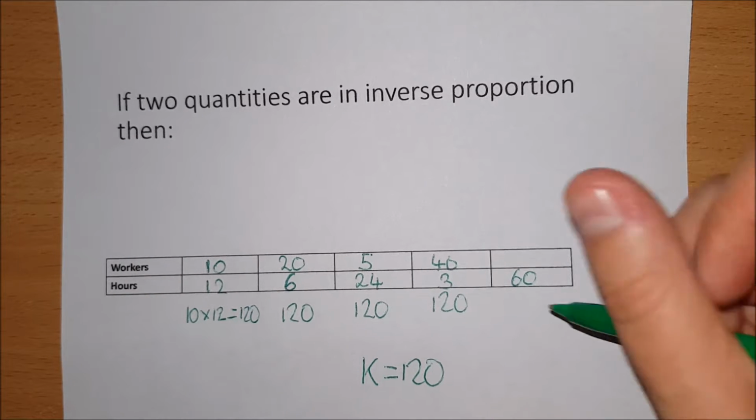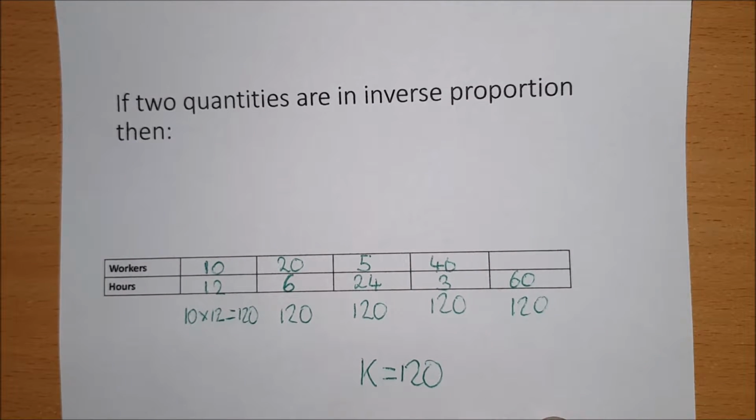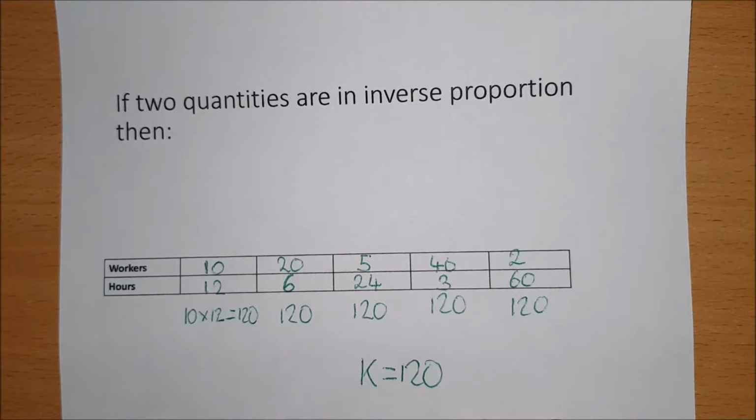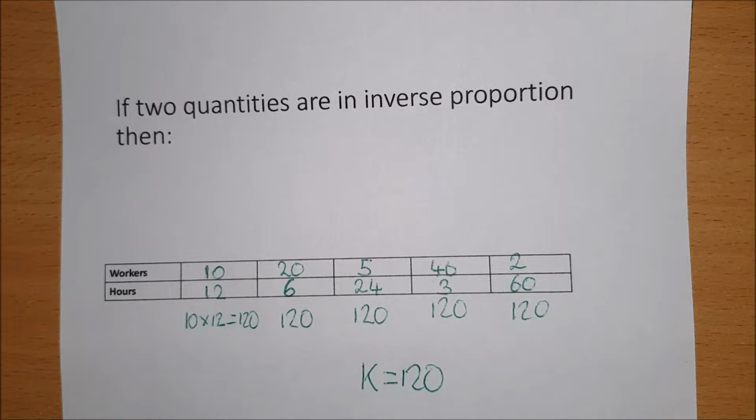Exactly the same situation. The two numbers need to multiply together to make 120. So 120 divided by 60 tells you that there were 2 workers on this job. So that's our constant of proportionality, and that's the link that you need to find in these questions.